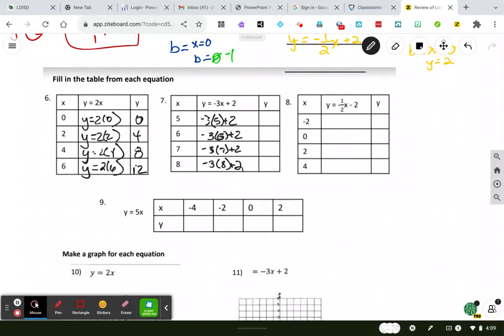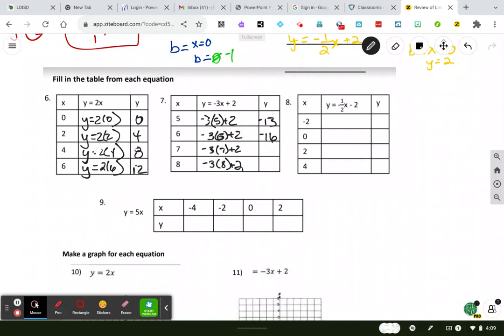Now all I've got to do is solve it. -3 times 5 is -15, plus 2 is going to give you -13. -3 times 6 is -18, so -18 plus 2 is going to give you -16.